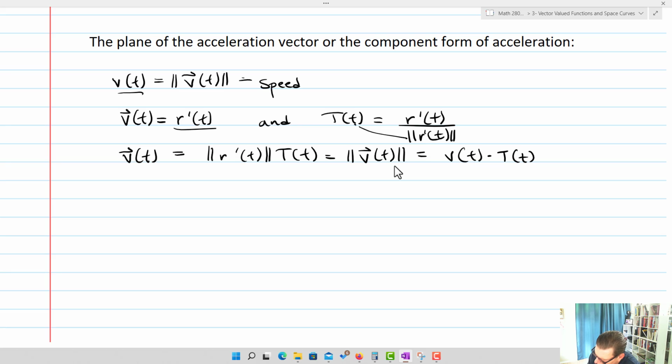So our velocity vector is the speed times the tangent vector.